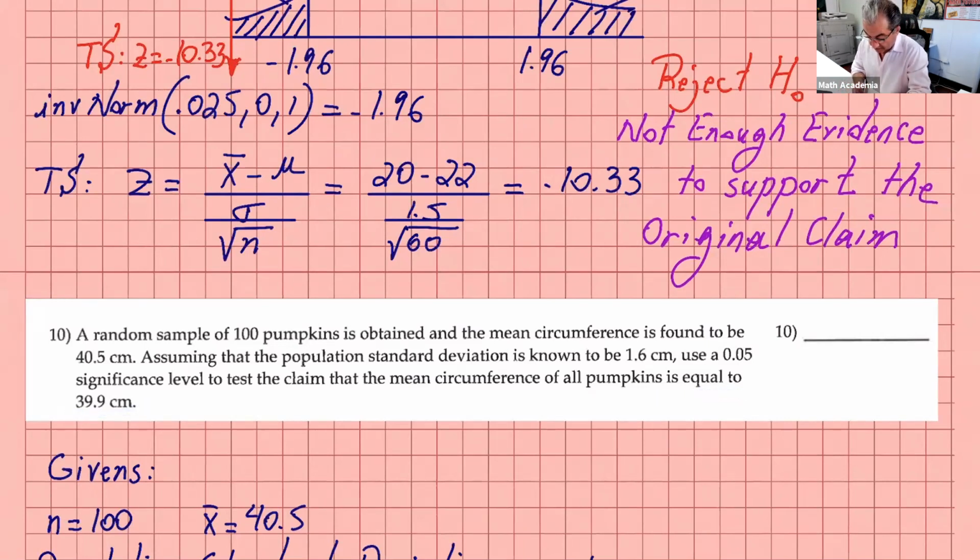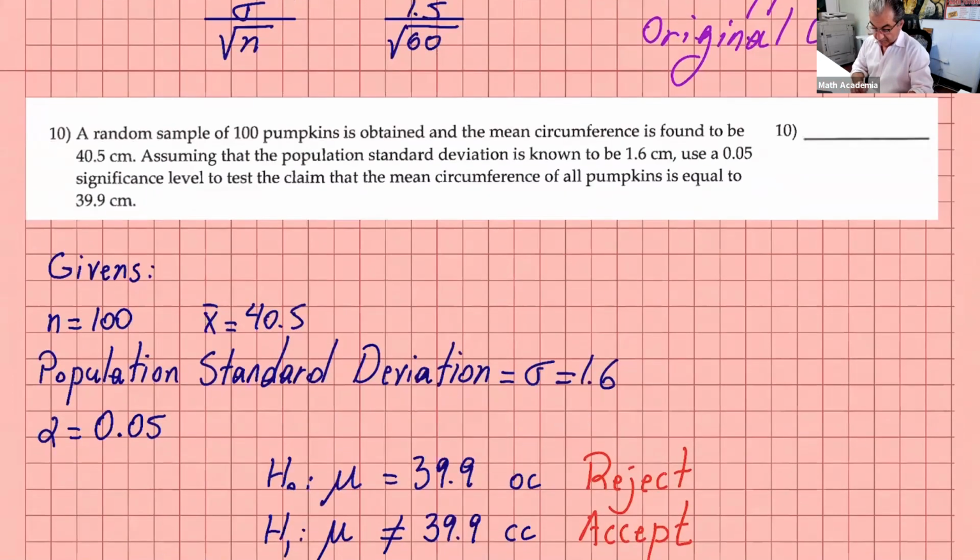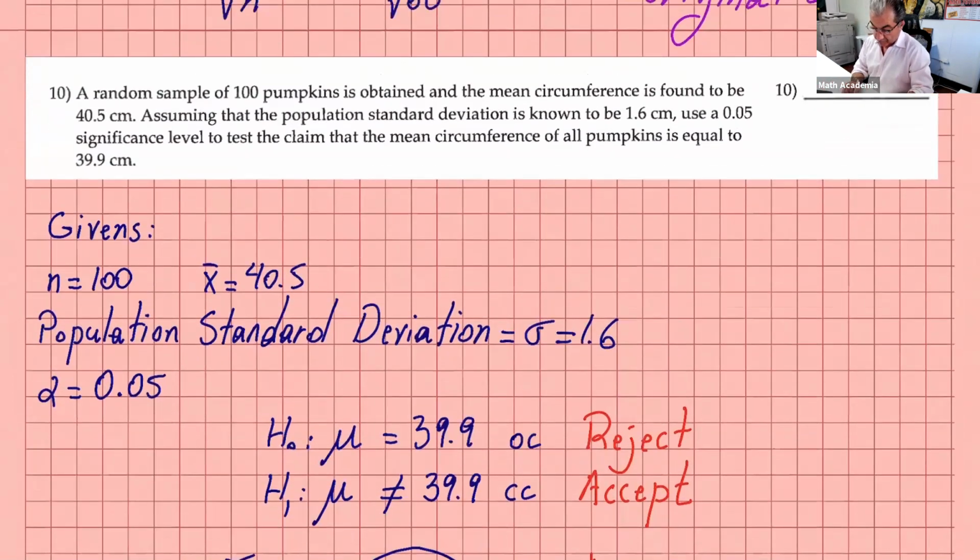One more time, the keyword is assuming that the population standard deviation is known. When you hear that, that means sigma is known, so we're going to use a z-test. I put the givens here for you.